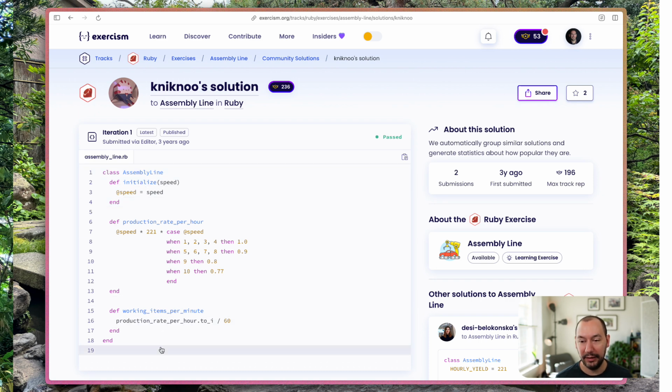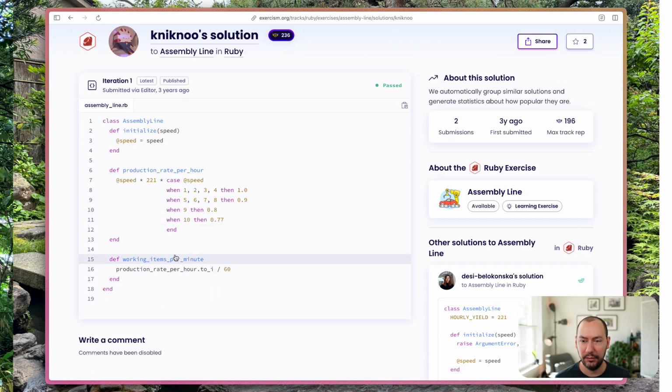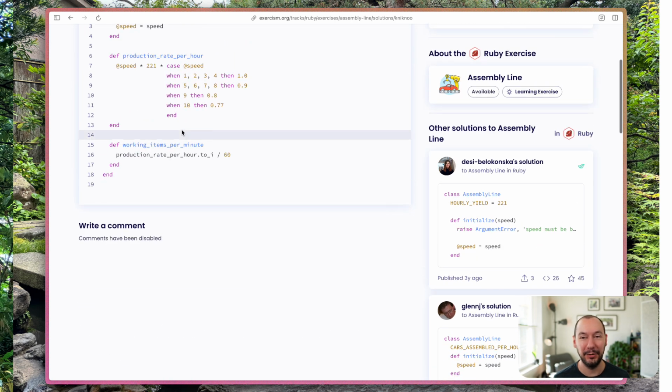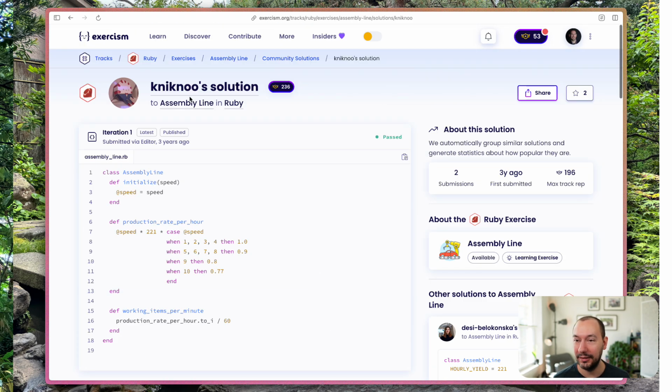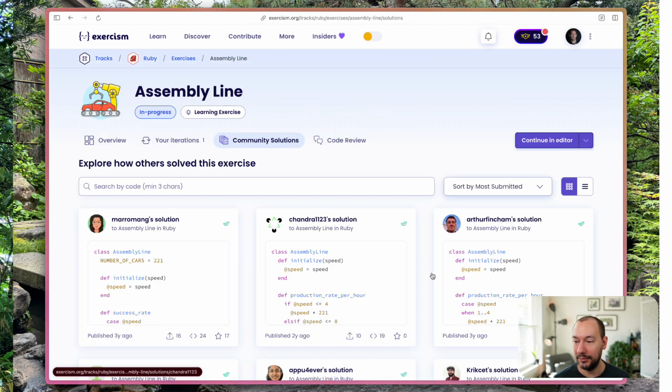So it is fewer lines of code primarily because of this. Interesting. So they put it right in the method. I don't like that. Don't do that. That method's too complicated. Please don't do that. Let's see if we can find something interesting.